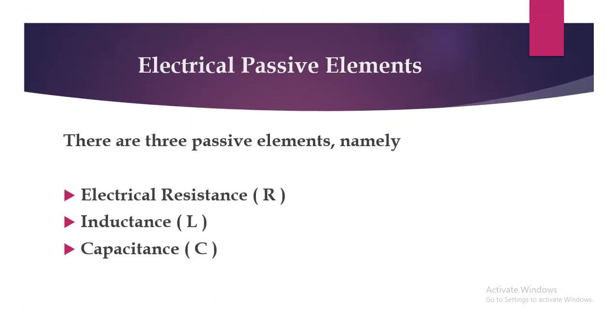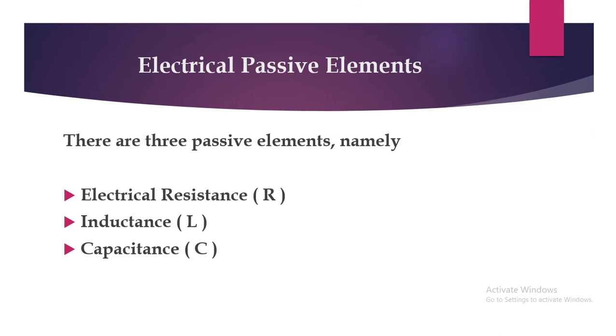Basically, we are using two types of elements in circuits. They are active elements and passive elements. Active elements are those which can generate the electrical supply and serve the circuit.